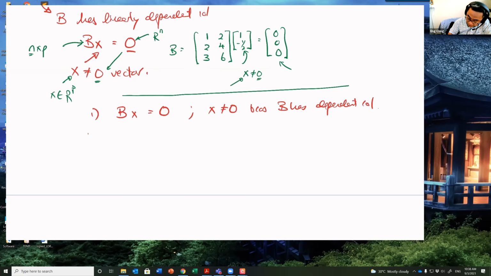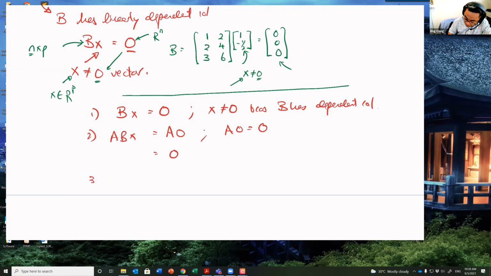Second step. Multiply by A on the left-hand side for both the left-hand side and the right-hand side. A times the zero vector is 0, because anything times the zero vector is 0. So the right-hand side remains 0.